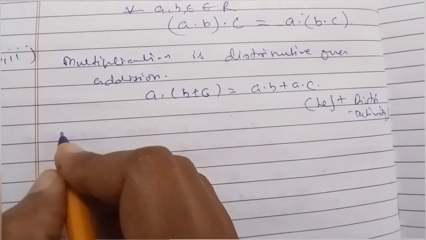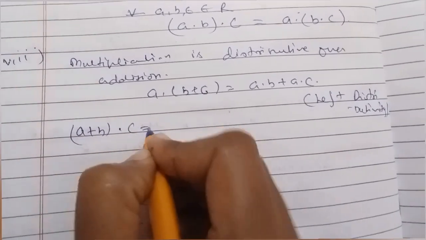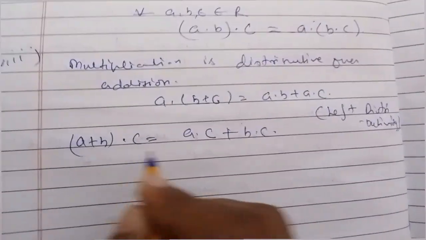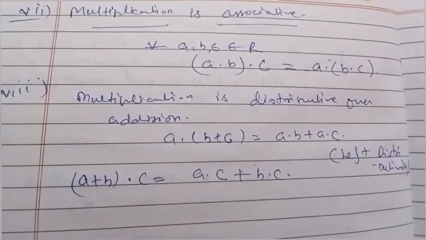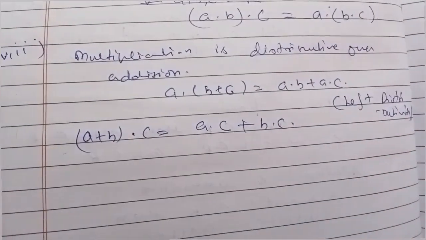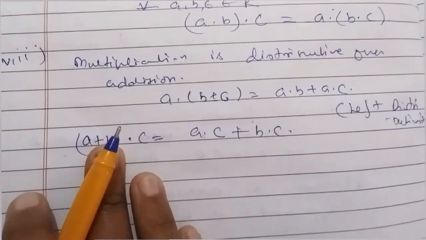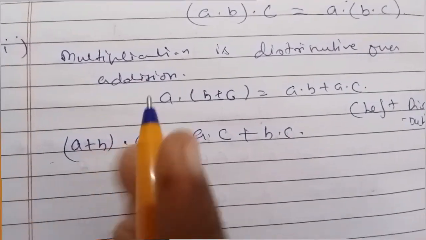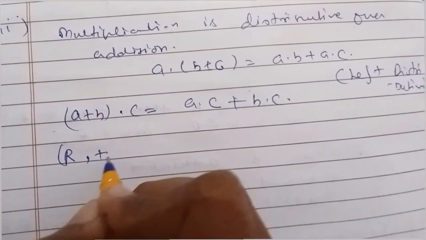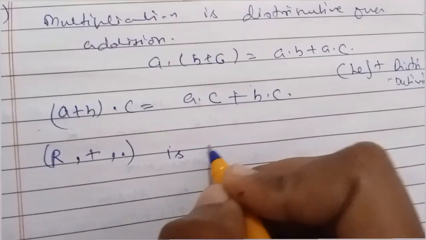And in case of right distributive, (A plus B) dot C is equal to A dot C plus B dot C. So this is the right. Overall there are 8 properties. If for a non-empty set all these properties are satisfied, we say that this set is a ring. So we write R with the two operations, namely addition and multiplication, is a ring.